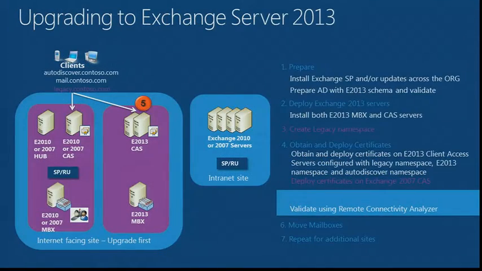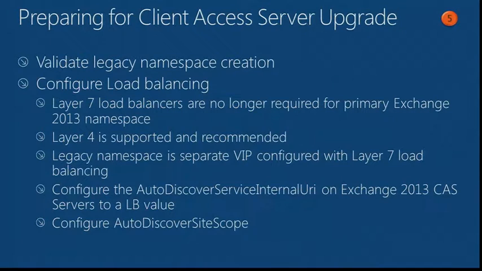Then you'll validate using EXRCA. Again, that's basically just using our web tool to do stuff. And of course, you're going to be configuring load balancing, but it's not going to be as hard as how you were doing it in 2010. In 2010, you had to do layer 7 load balancing, which meant you had to create all these different iRules if you're using an F5 solution, for example.